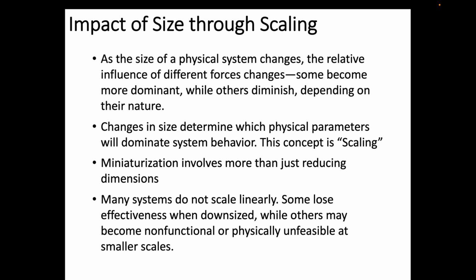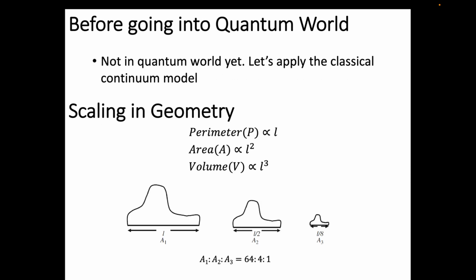But some scale exponentially or quadratically, and because of that there is a different dominance of physical parameters. Some lose effectiveness when downsized, while others may become non-functional or physically unfeasible at smaller scales. So let's start with scaling in geometry.